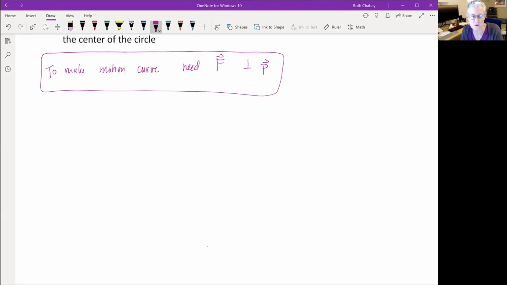So to make it curve, you need some piece of a force that's actually perpendicular to the momentum. That's supposed to be perpendicular right here. The geometry symbol. So remember high school geometry here.